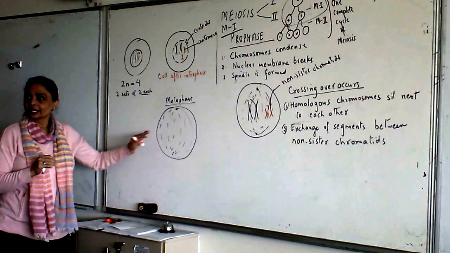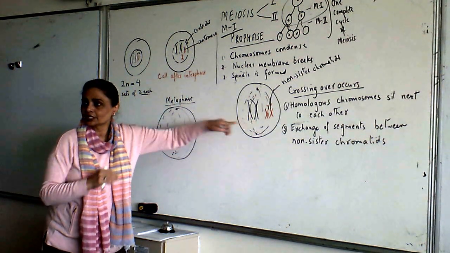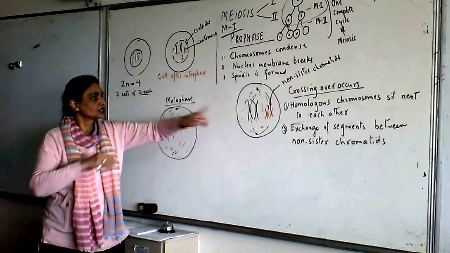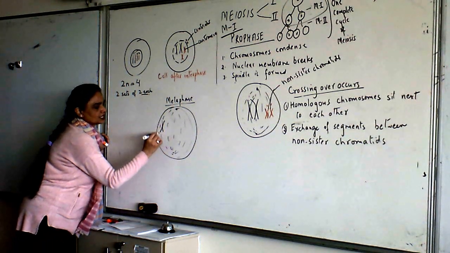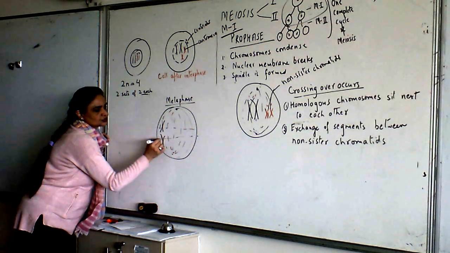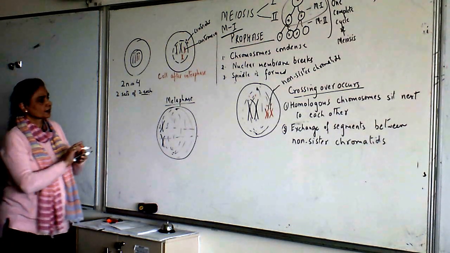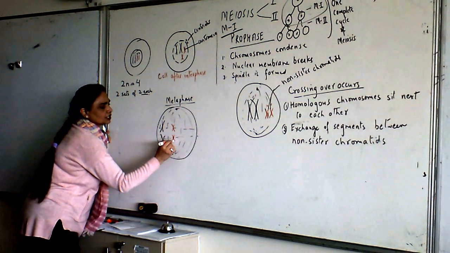And what are those 2 layers based on? See these pairs of homologous chromosomes? They go to different lines. So say one goes here and the other goes to the other line. So 2 equators are formed, and the homologs sit on different plates.